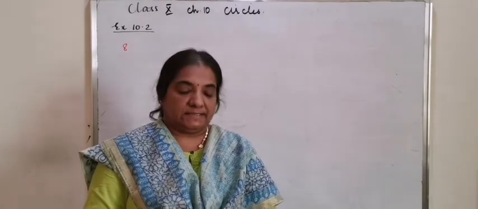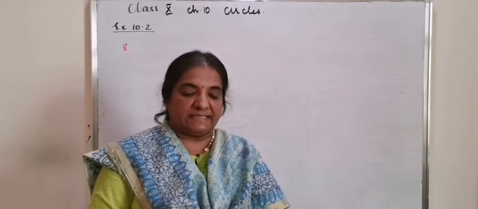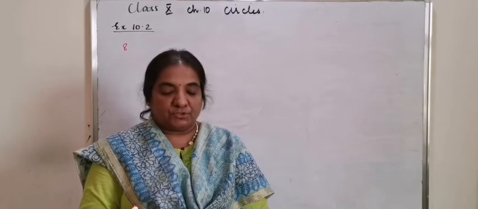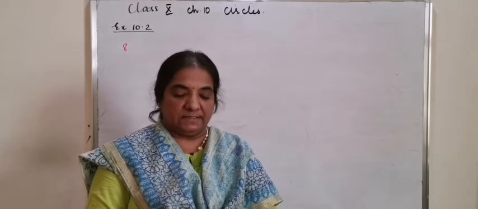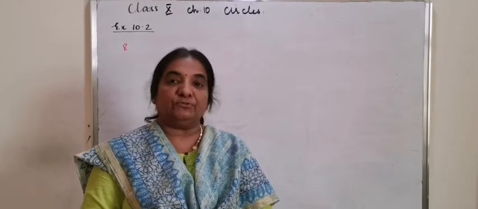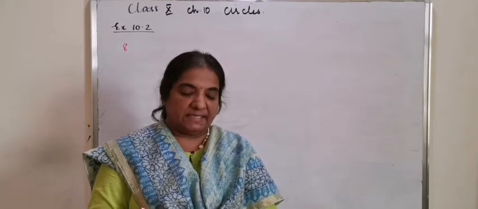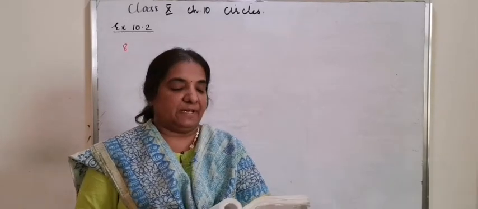Question number 8. A quadrilateral ABCD is drawn to circumscribe a circle as shown in the figure. Prove that AB plus CD is equal to AD plus BC.